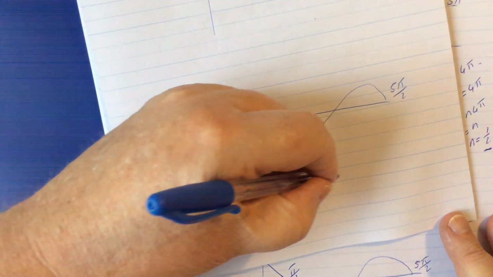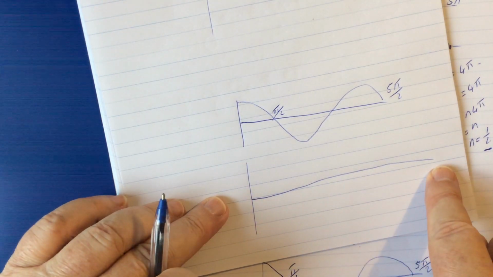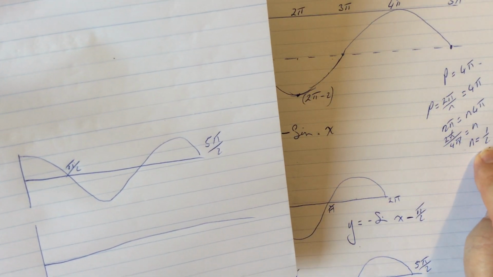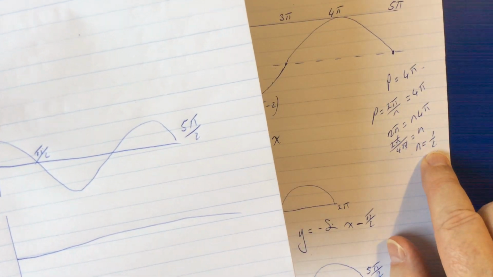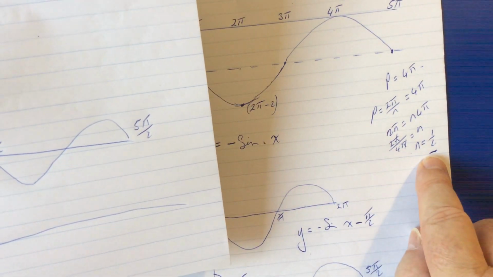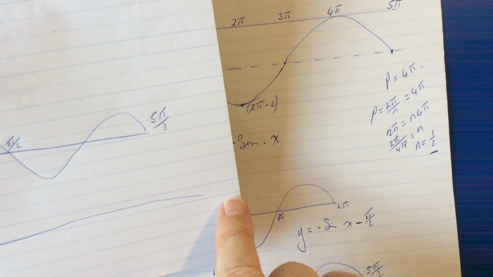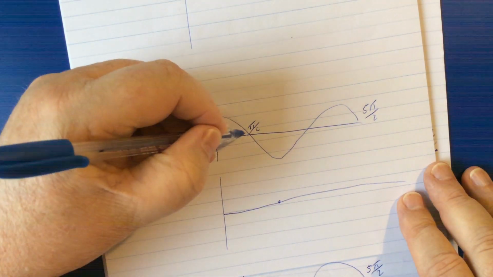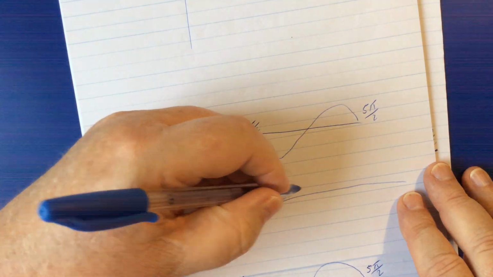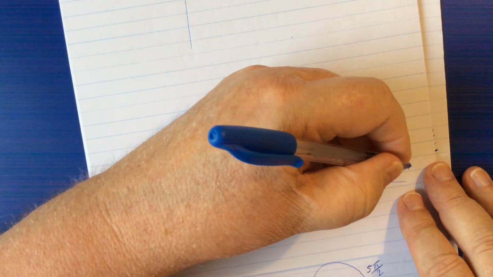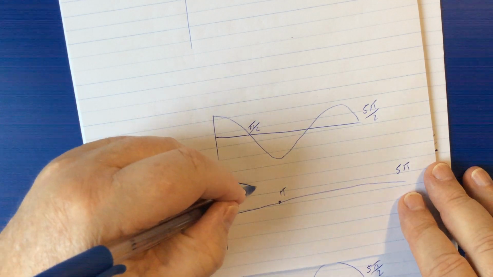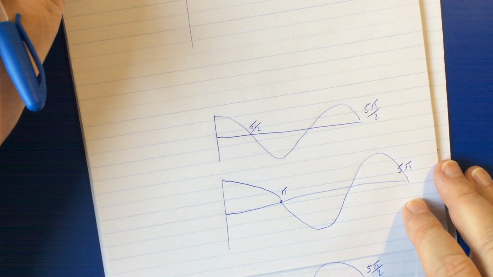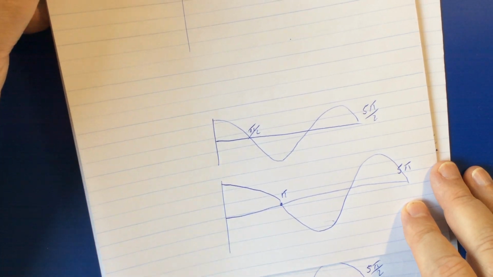Now, if we apply 1/2 times x to increase the period, what happens is this moves to pi, this moves to 5 pi. We still have the basic shape, and there is our graph.